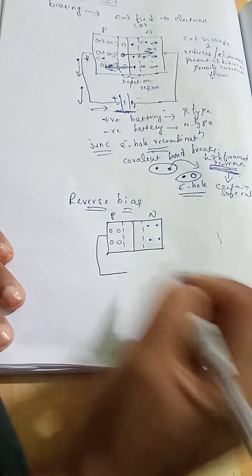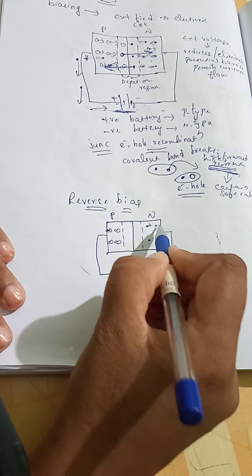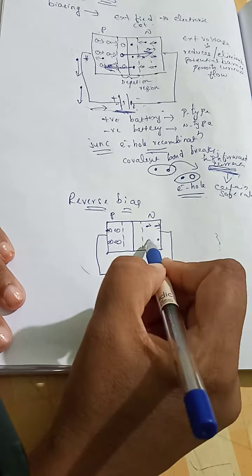So what happens? All the majority carriers, the positively charged holes, are attracted by the negative terminal of the battery, and all the negatively charged electrons are attracted towards the positive terminal of the battery. That is, majority carriers move away from the junction. In forward biasing, majority carriers move towards the junction, but here they move away from the junction.